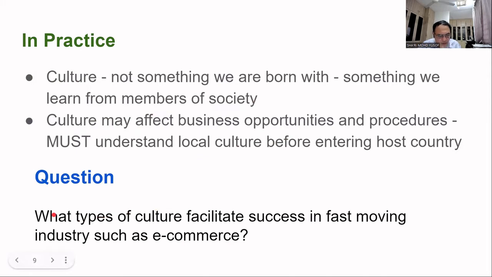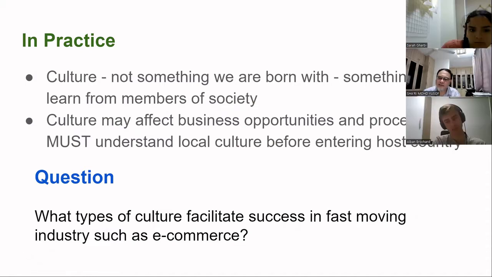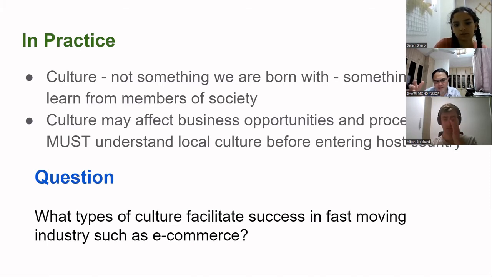There's a small question from the book also. What type of culture facilitates success in fast-moving industries such as e-commerce? Any ideas? Some of the answers lie ahead when we talk about the elements of culture. What type of culture, working culture?